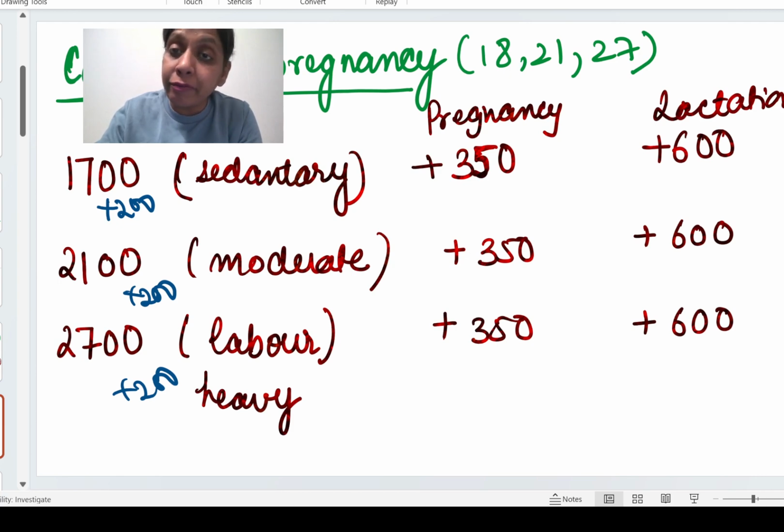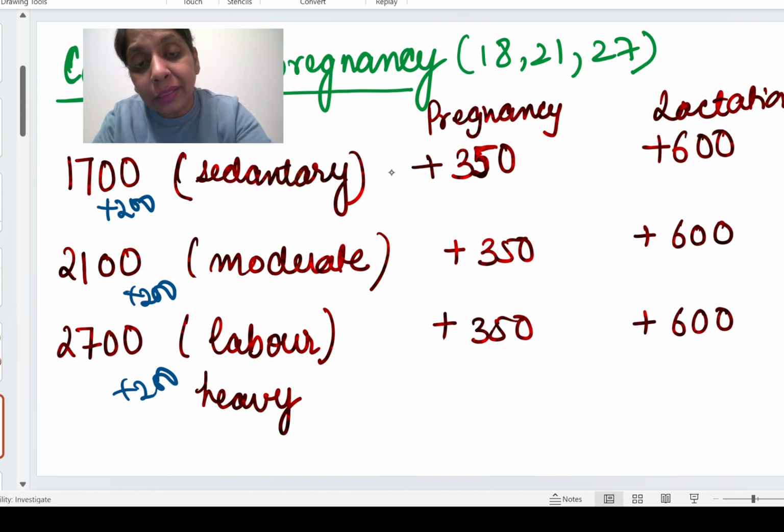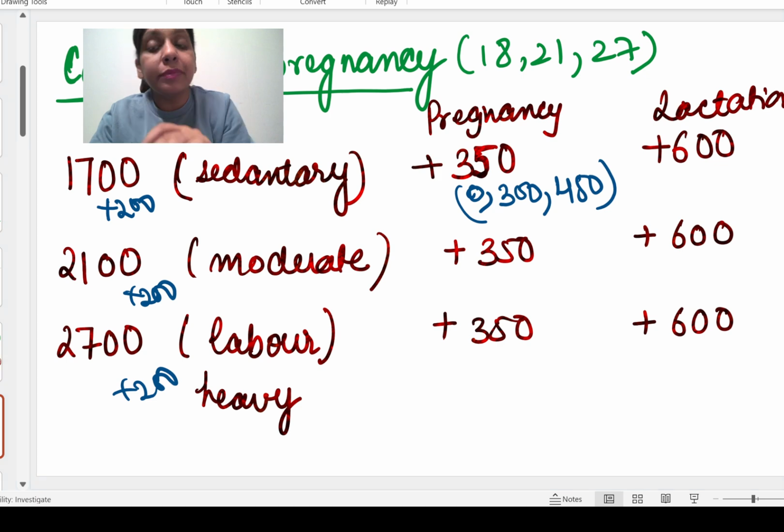And for the heavy worker, Williams says 2900. Okay, and what does Williams say to add in pregnancy? Williams says add nothing in the first trimester, in the second trimester add 300, and in the third trimester add around 450. That is what Williams says.